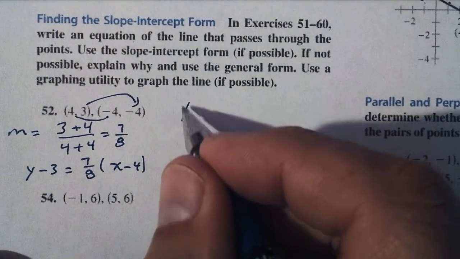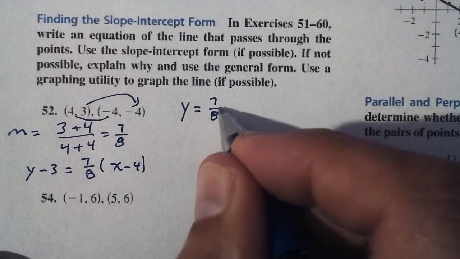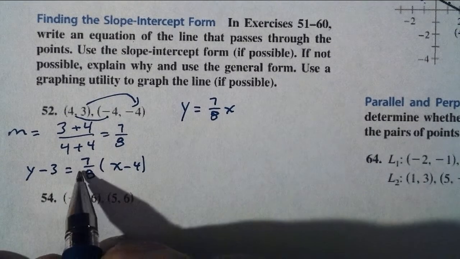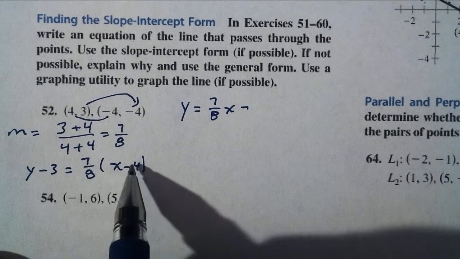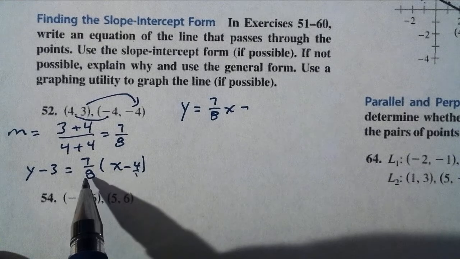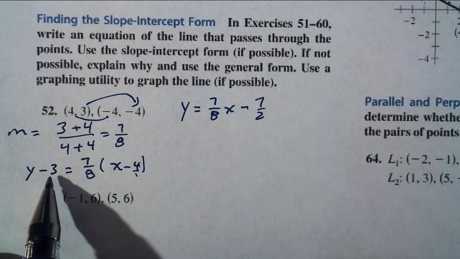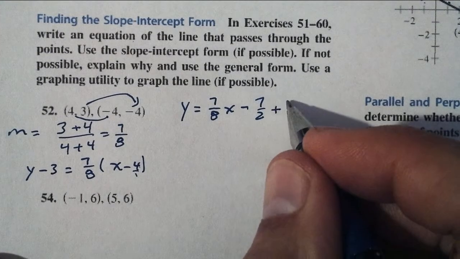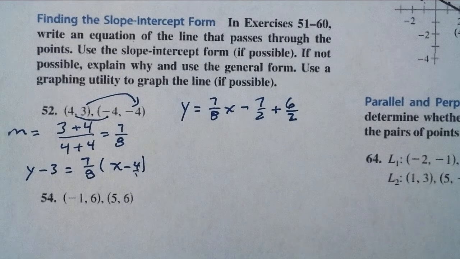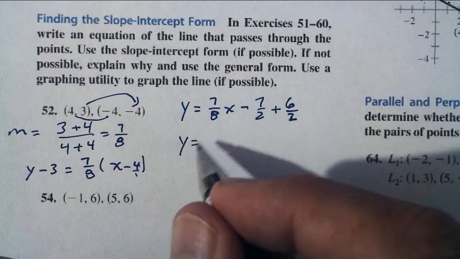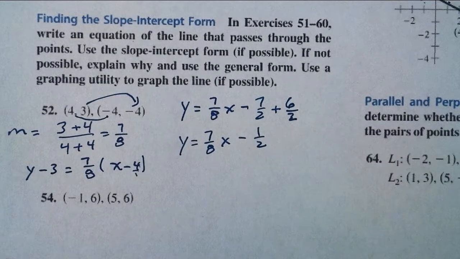So this is going to be y equals 7/8 x plus 7/8 times 4 on 1, the 4 and 8 reduce to 2, 7 on 2, and I have to add 3 to the other side, 6 on 2, of course, being 3. And I get y equals 7/8 x minus 1/2.